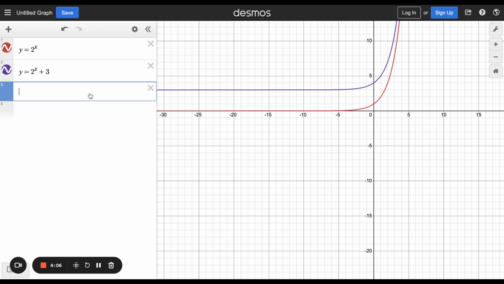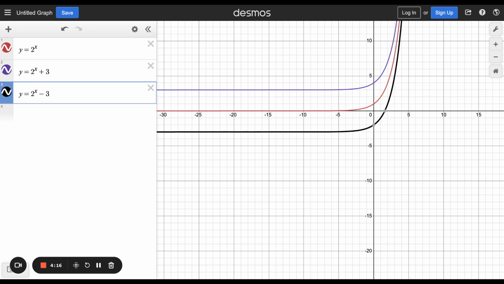All right, now let's check the other one. Vertical shift down, so 2 to the power of x, and then minus 3. You can see that your new asymptote is at negative 3. The curve doesn't pass beyond this point. And your new y-intercept is (0, -2).